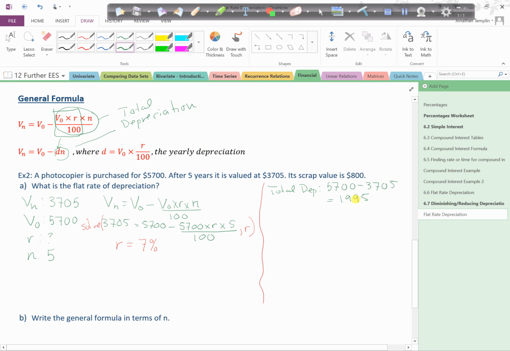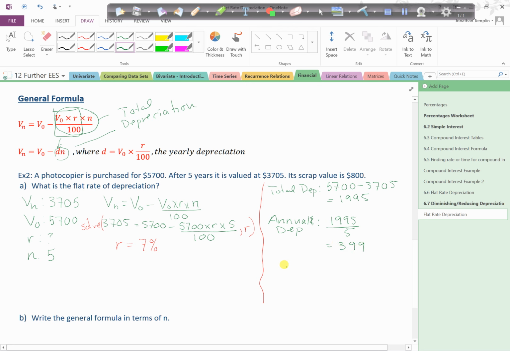So if I lost a total of 1,995, that means annual depreciation is the total that I lost divided by 5. So my annual depreciation is actually $399.